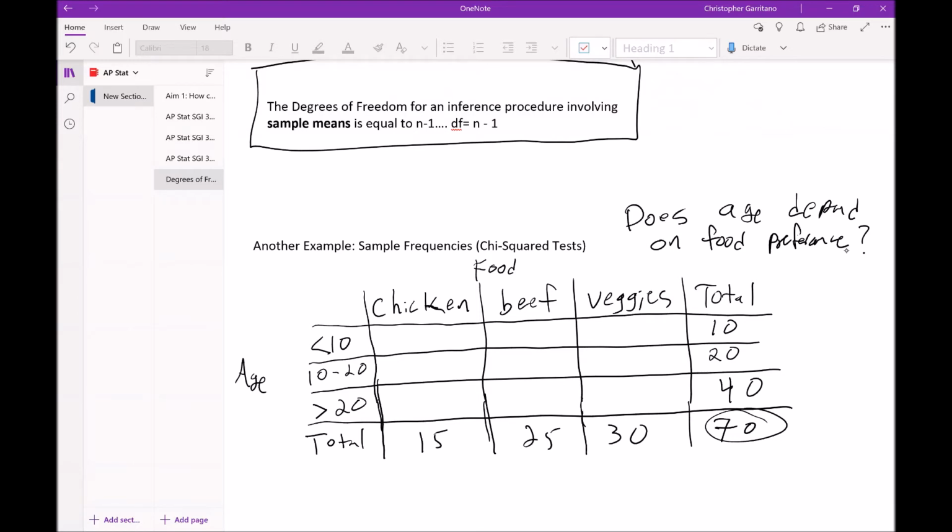How many free choices go into this table if we know that the total number of chicken was 15, the total number of people that said beef was 25, veggies 30, and also the total number of under 10-year-olds was 10, total number of 10 to 20 was 20, total number of greater than 20-year-olds was 40? So how many free choices do we have when filling out this table?